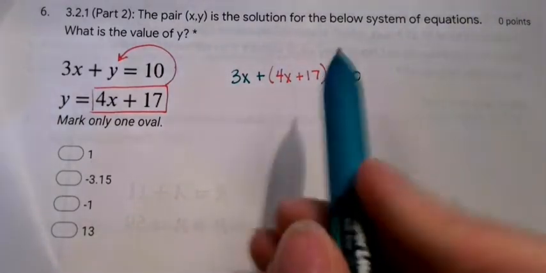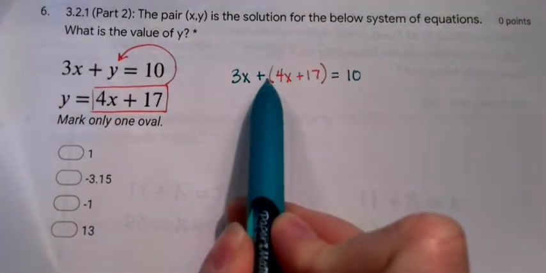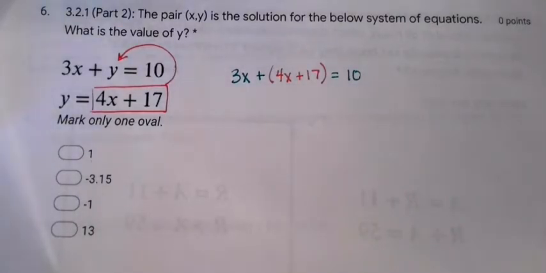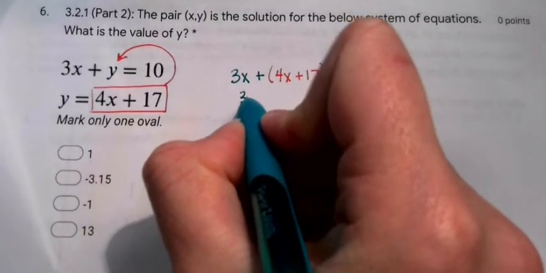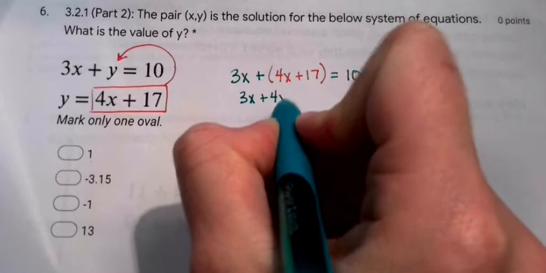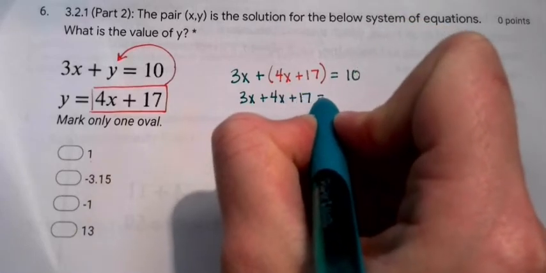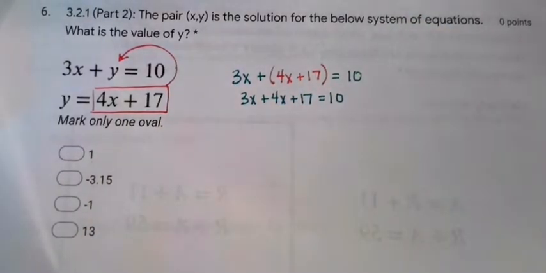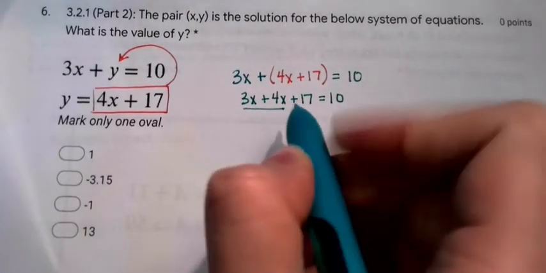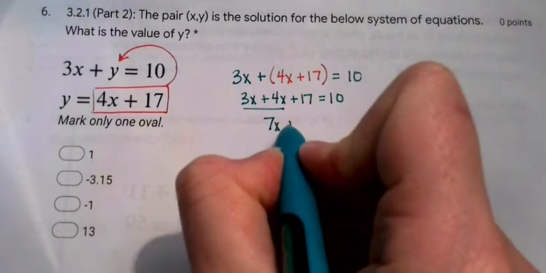Because there's not a coefficient or a number out in front of these parentheses, I don't need to distribute anything. So I'm just going to rewrite it without those parentheses. And then I can combine like terms and solve. So when I combine my like terms, I get 7x.